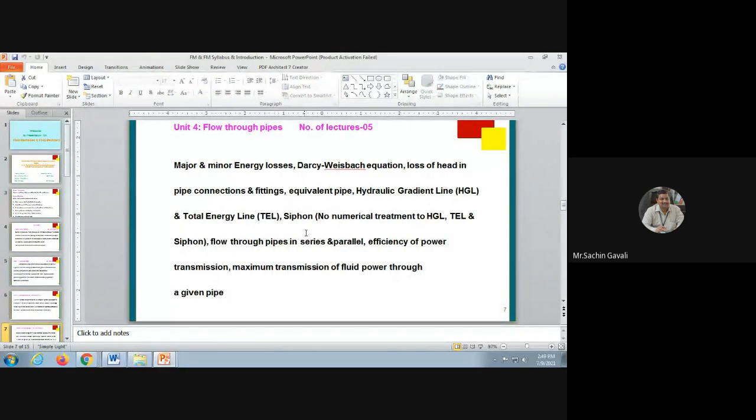This is also a very, very important unit of fluid mechanics. Write down unit number 4 is flow through pipes. Everybody is getting this unit number? Write down the syllabus.